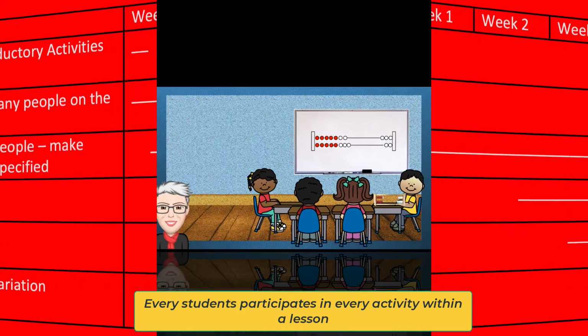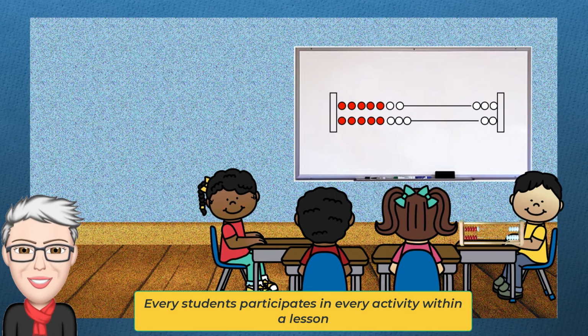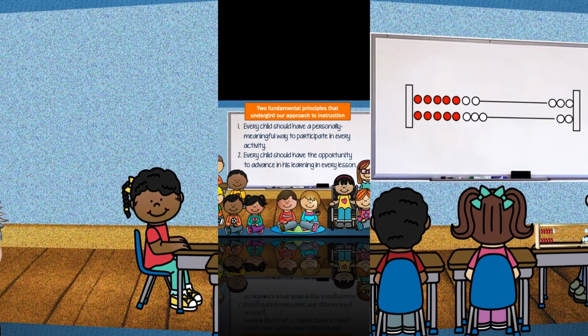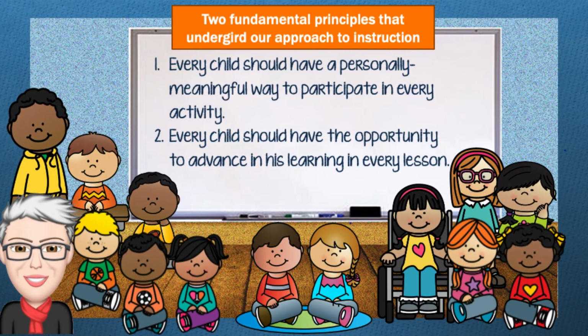Every student participates in every activity within a lesson, but each student should have a personally meaningful way to do so. In some cases, this may mean that some of the less conceptually advanced students will have a rack to use during an activity, such as Rack Flash, while the majority of the students do not have a rack to use. There are two fundamental principles that undergird our approach to instruction, and they are these.